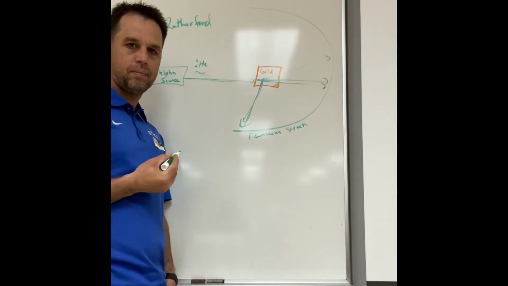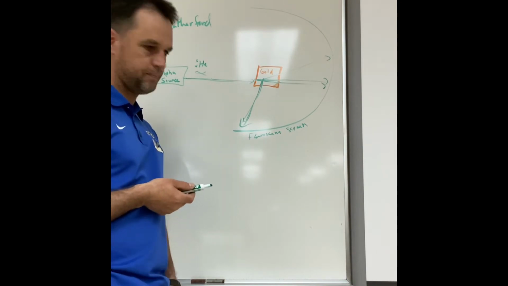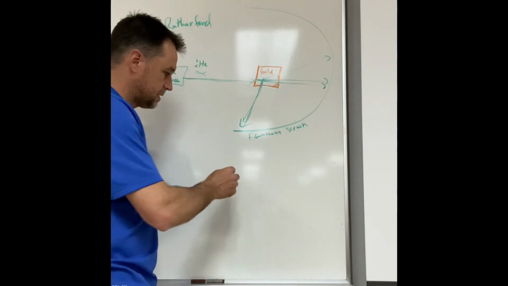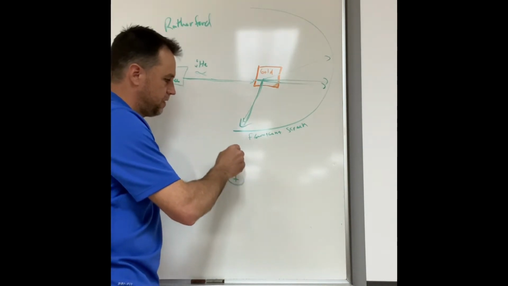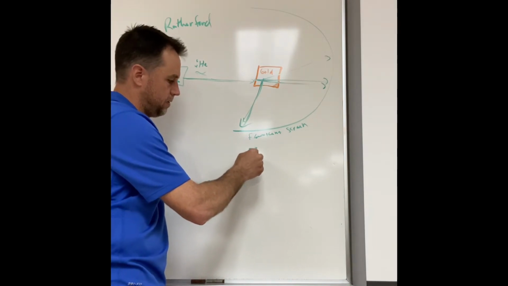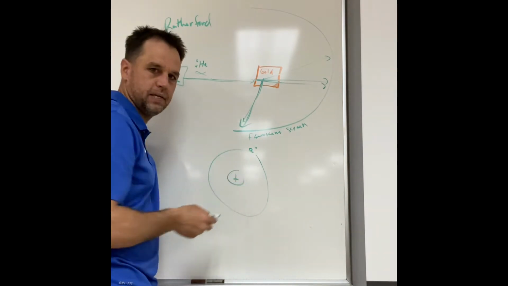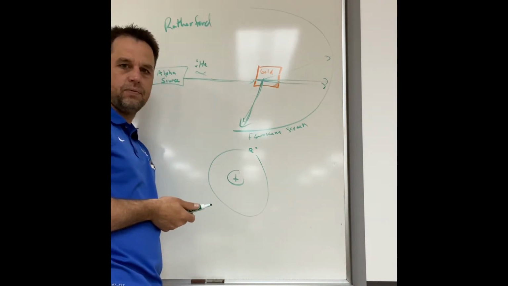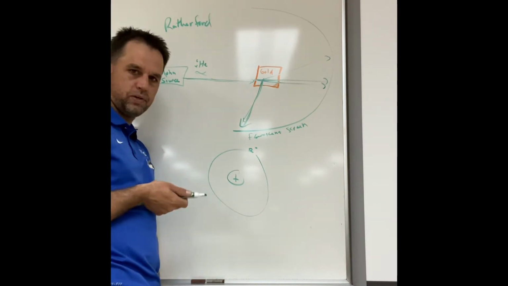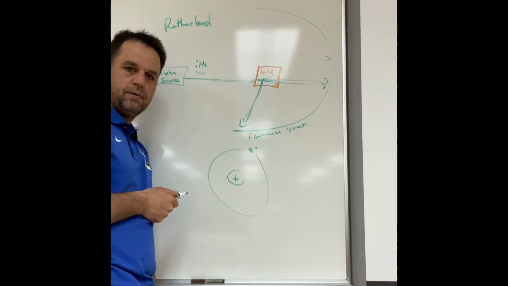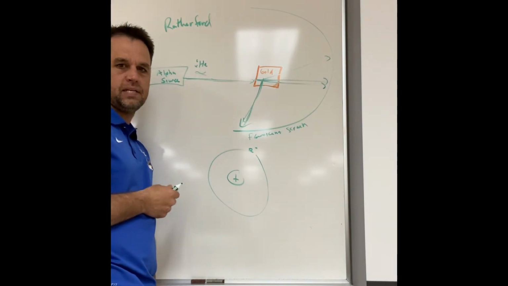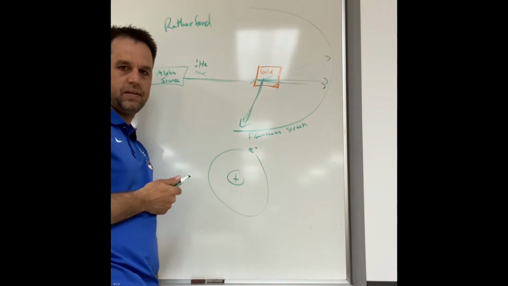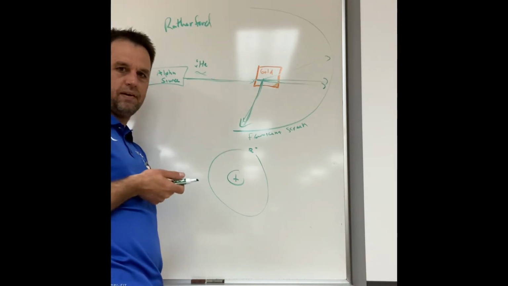But there was a problem with the nuclear model of the atom. If you have an electron orbiting around a nucleus, that electron would have to be accelerating, because to not go in a straight line is to accelerate. Well, we already knew that any accelerated charge gives off light, and atoms don't give off light all the time.